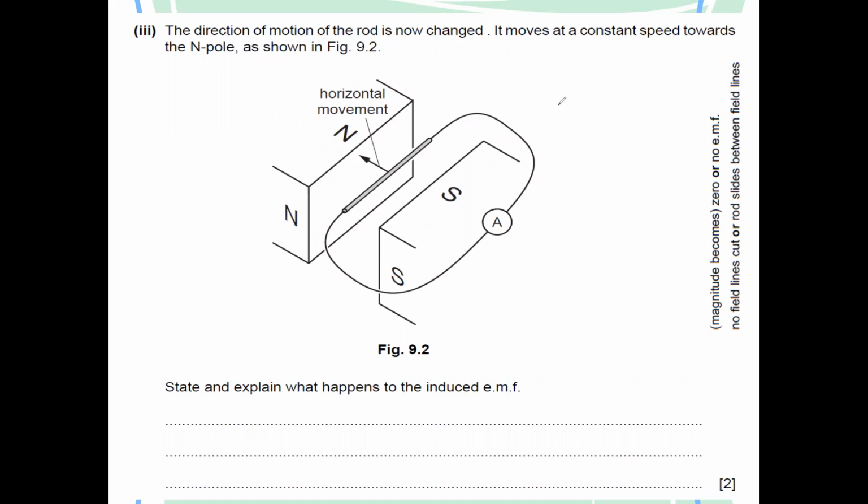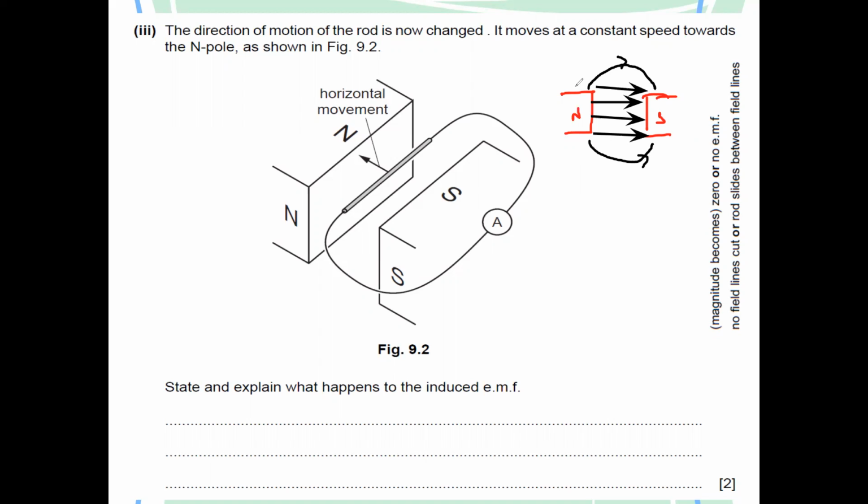This is a 3D figure, but if I draw a 2D, two dimension image, the magnetic field is from north to south. Between the magnetic poles there is a constant magnetic field, and when we move away from the magnetic pole, the strength of the magnetic field is decreasing.